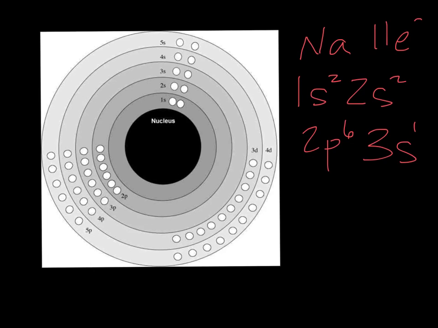So when we go to fill these in, we know that level 1 only has 2 valence electrons. So I'm going to color in my 2 valence electrons on that level. Then I'm going to go to level 2, and I'm going to color in these 2 electrons there. And then we need to color in also all of the p's, because if you look, we've done this one, we've done this one. Now we got to take care of all 6 of these.